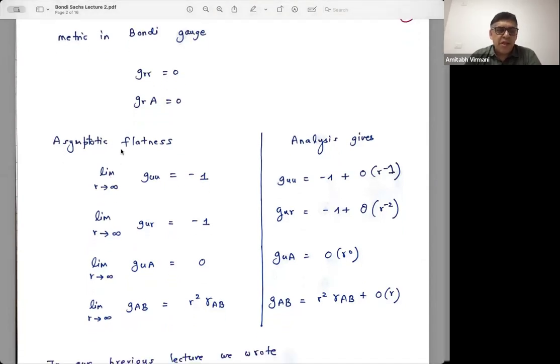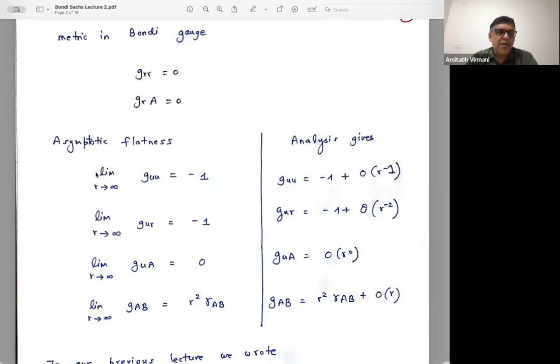Now, Minkowski space in Bondi gauge has this property that g_uu is -1, g_ur is -1, and g_uA, there are no cross terms between angles and the u coordinate, so g_uA is 0, and g_AB is r squared times the round metric on the sphere. So this gamma_AB is the round metric on the sphere. The right-hand sides of these equations are the metric components of the Minkowski metric in Bondi gauge.